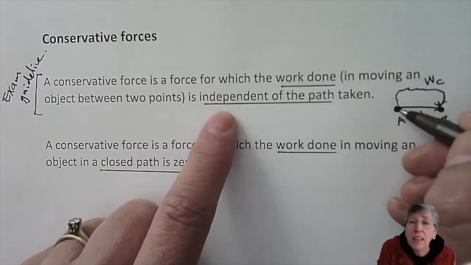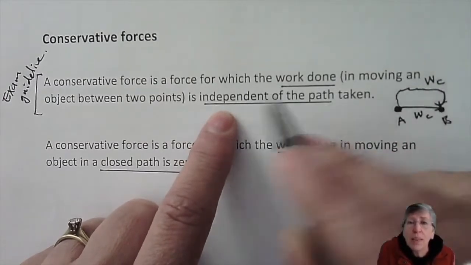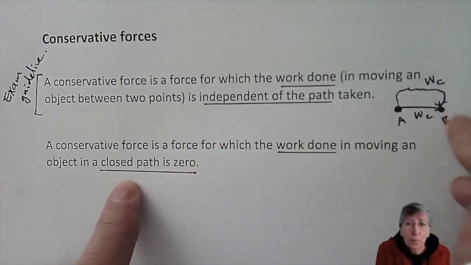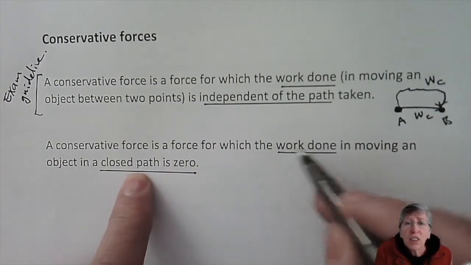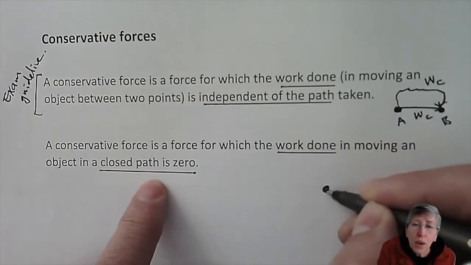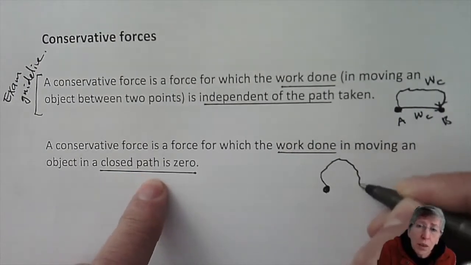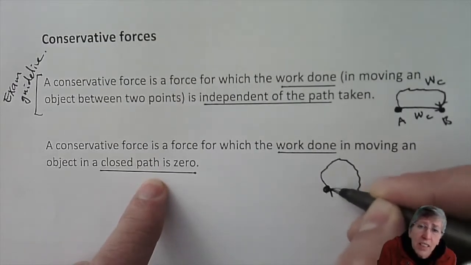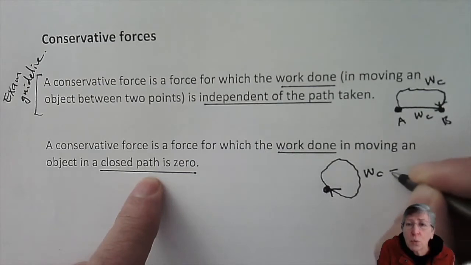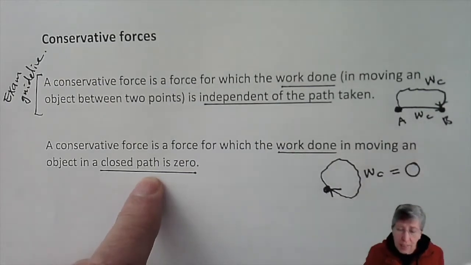So it doesn't matter how you move between A and B, it's independent of the path taken. That's the first definition. The second one tells you that the work done in moving in a closed path, so I'm moving from a specific spot and coming back to that same spot, then the work done by a conservative force will be 0, right?